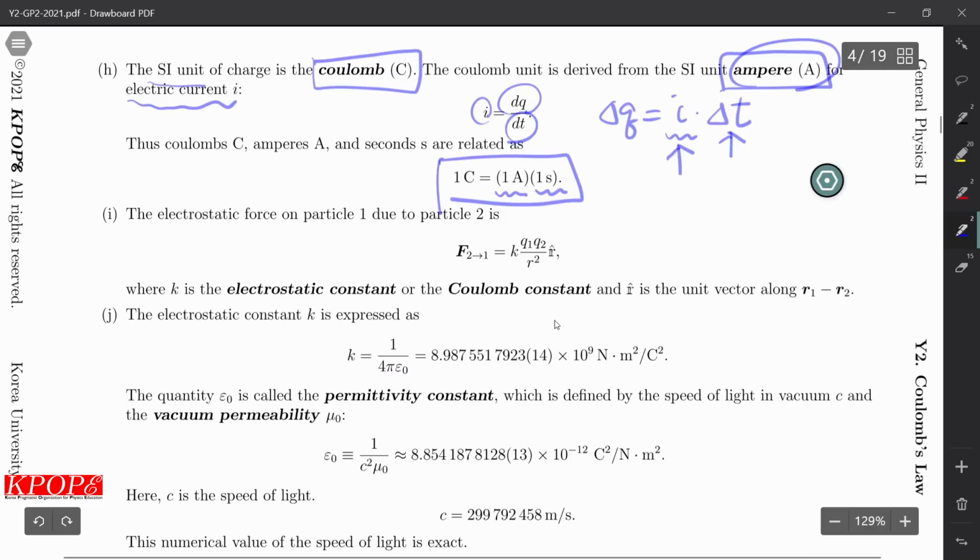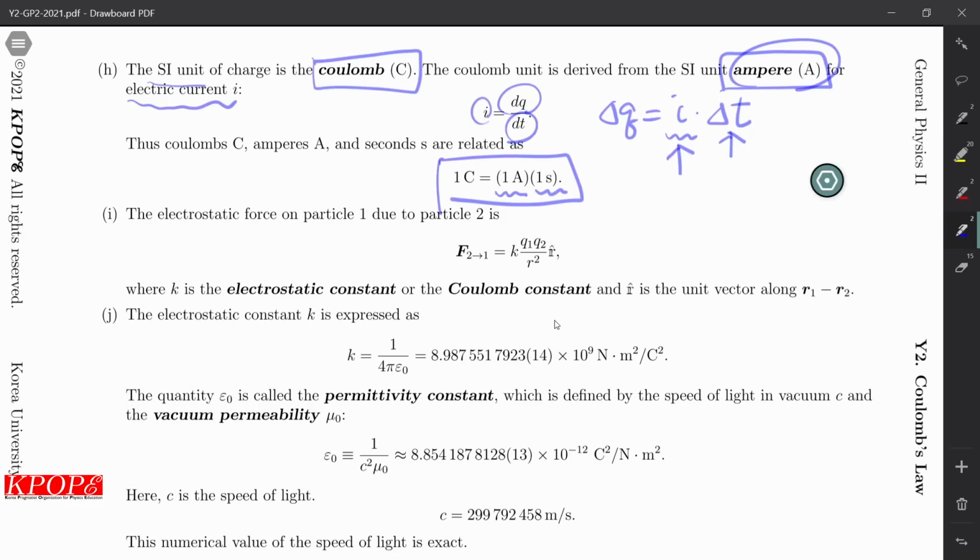We combine everything together to write down the electrostatic force representing Coulomb's force. Coulomb force applied to charge 1 from charge 2 is like this. Here, the overall coefficient k is called the electrostatic constant. Q1 and Q2 are the charges of each particle.